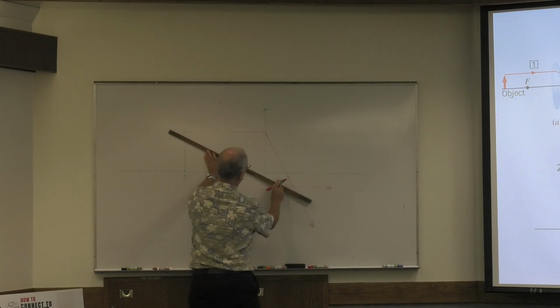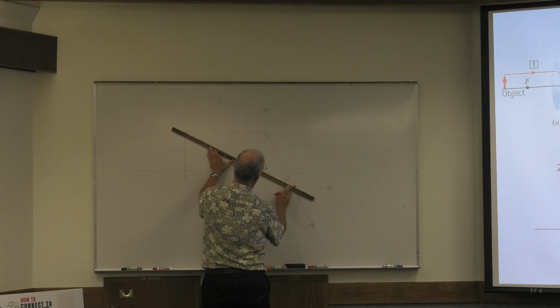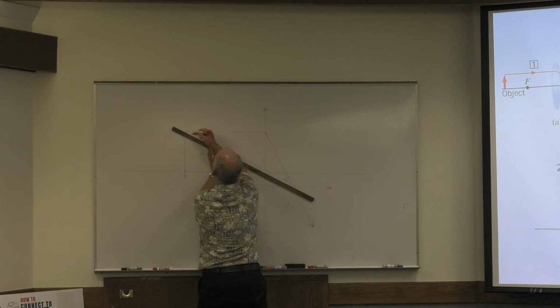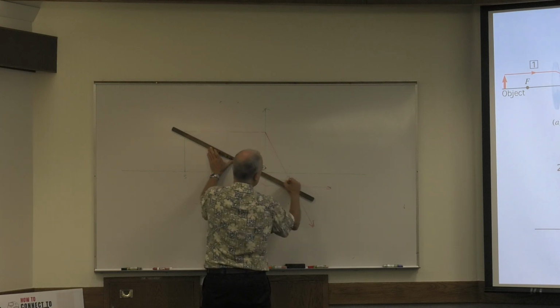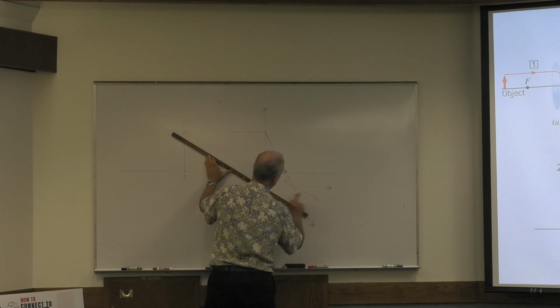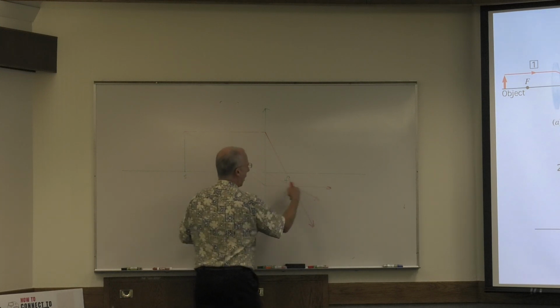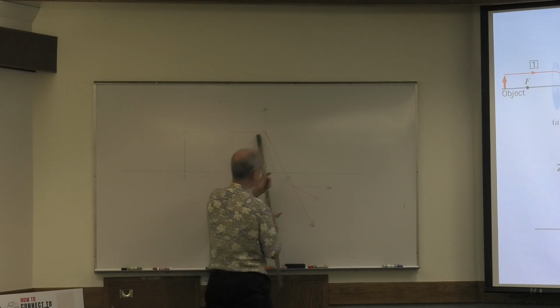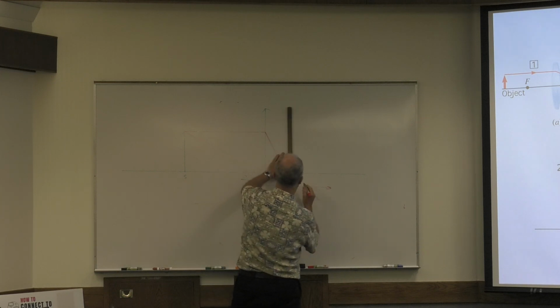Last one, just your check, just straight through. Oh, I did a pretty good job on that one. What do you know? Okay, so there's the outgoing ray, outgoing ray, outgoing ray intersects right there. So this is your image.